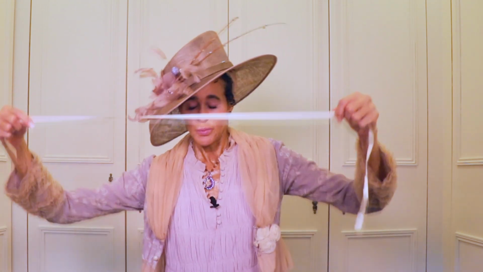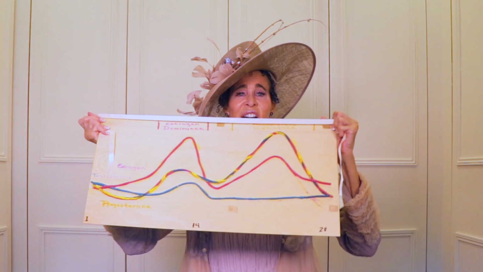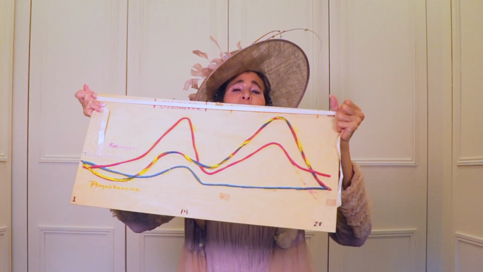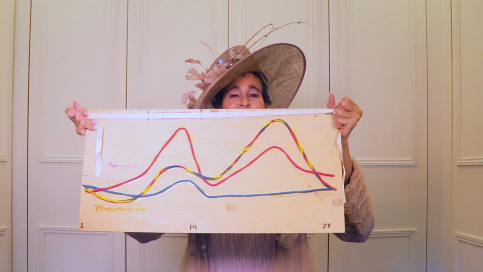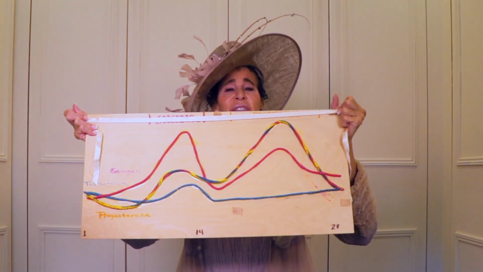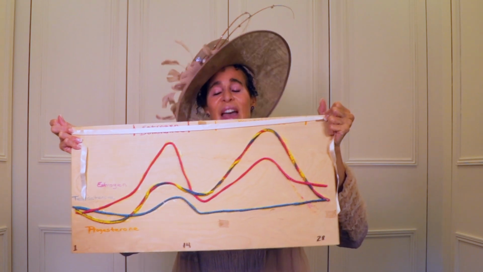So if we added oxytocin to our graph using this white ribbon, it would be way up here. It would loom over all these other hormones at all times. And it would make you loving toward people, events, and things at all times.